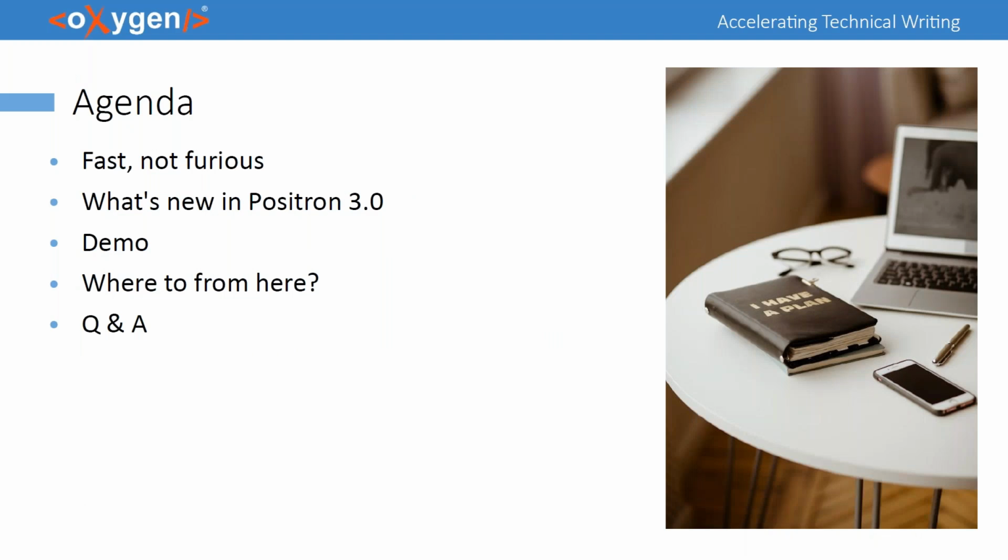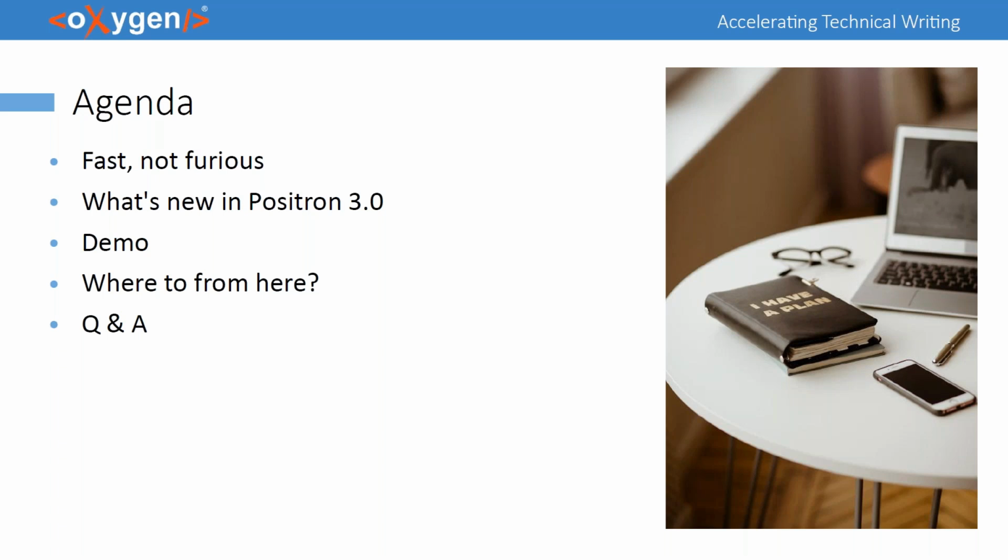And let's start with the agenda for today. I want to start by saying a few words about the necessity of having an assistant that can help you get your work done faster and how that can make you feel more relaxed.